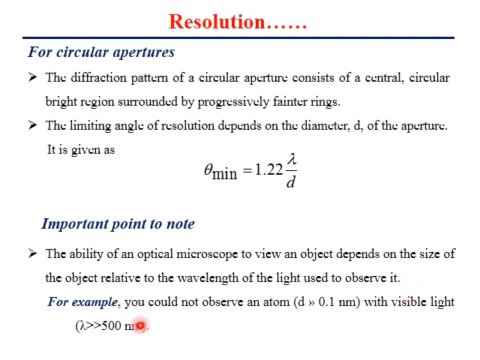For example, you cannot observe an atom, where d is much smaller than 0.1 nanometer, with visible light, which has a wavelength of greater than 500 nanometer. So these are certain things that you need to know.